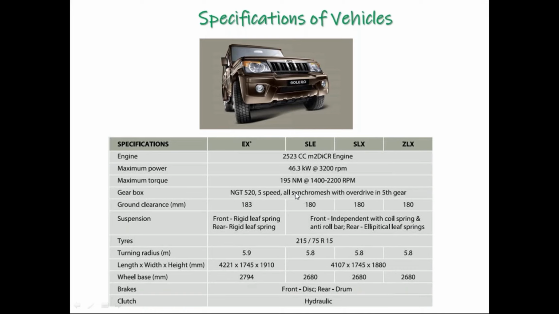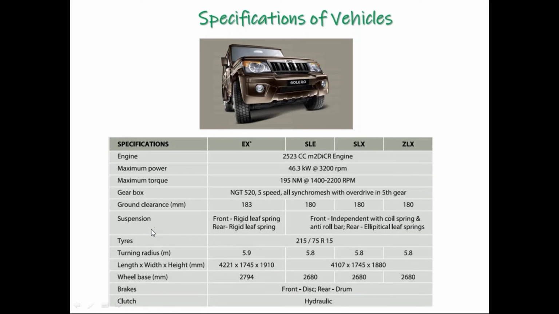But before going to purchase the automobile, in your mindset you might have fixed that you have to purchase a four-wheeler, a sports utility vehicle, or a multi-utility vehicle. So engine will be one factor, cubic capacity. Some of you mentioned the maximum power and torque carrying capacity, which is very important if you drive long distances.